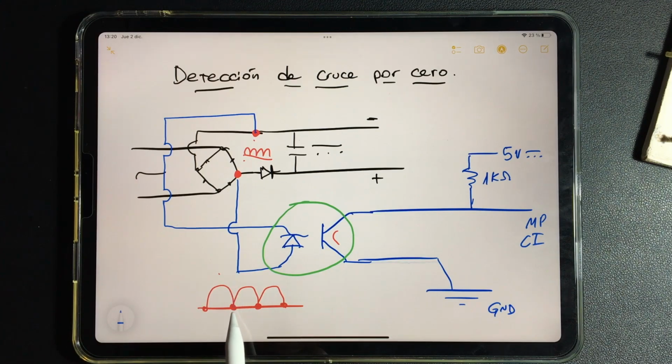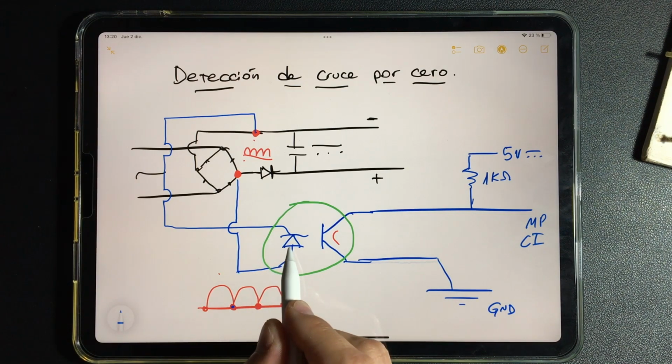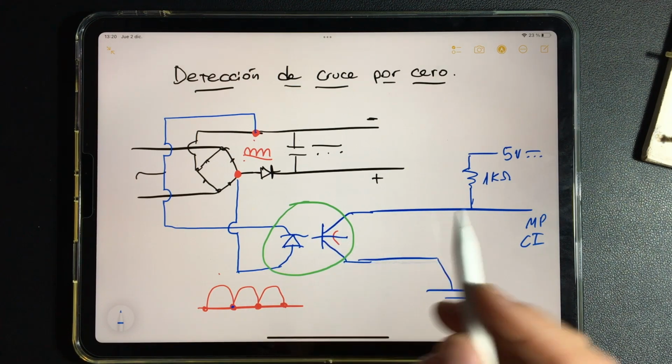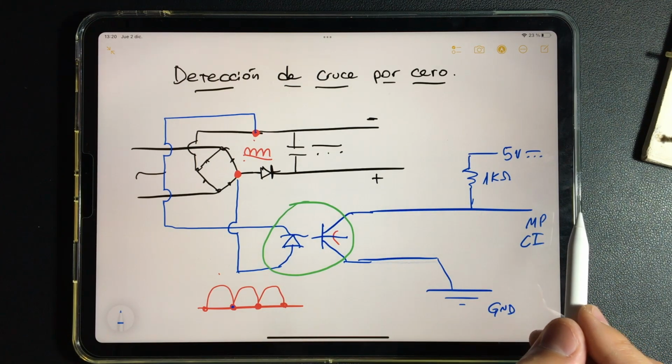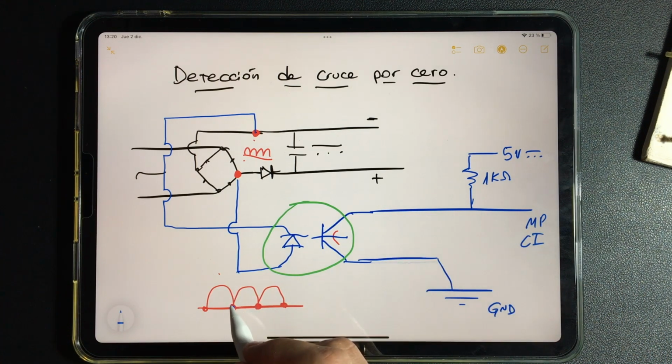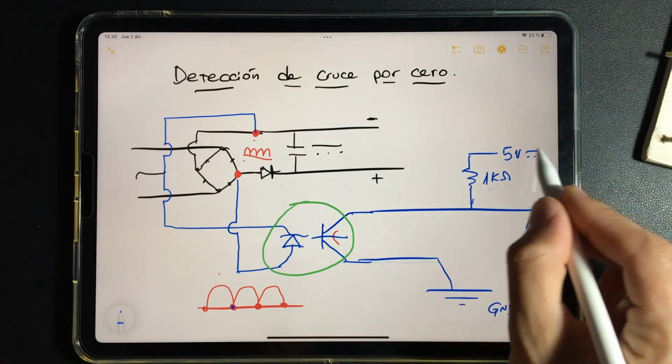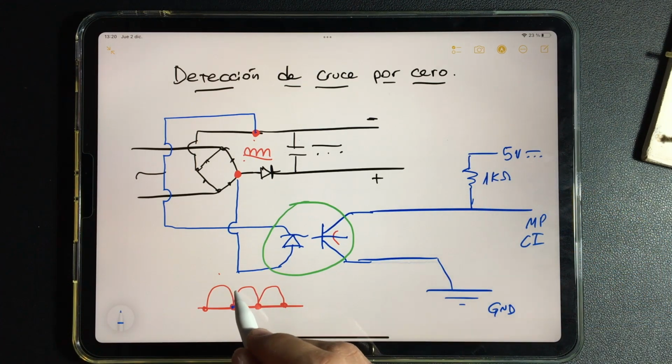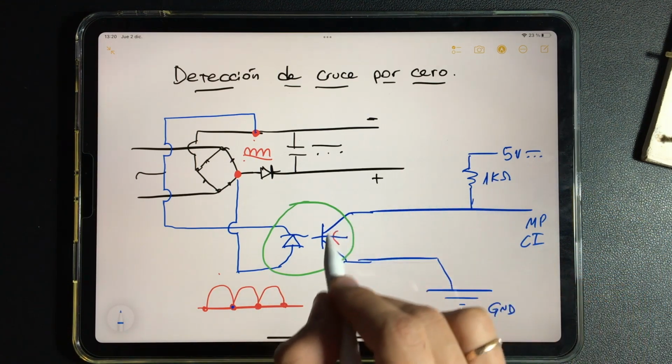Whenever this is on, the 5 volts will be diverted to the negative. But whenever this LED turns off, this is cut off and these 5 volts enter the microprocessor. It turns off, 5 enter. It turns on, the 5 volts are diverted.